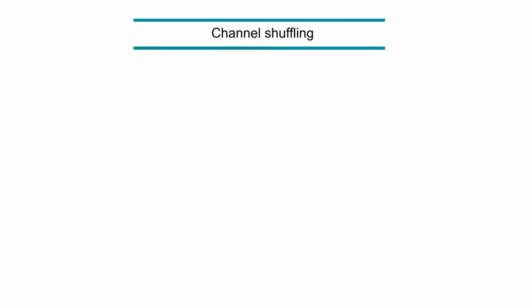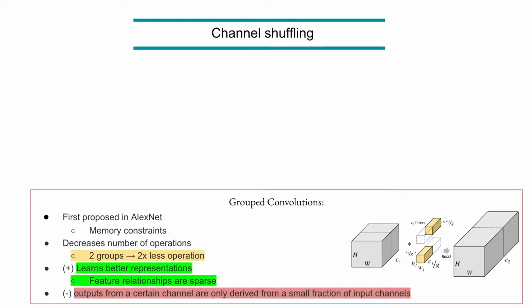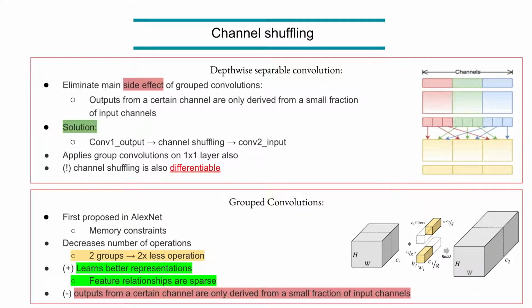So ShuffleNet is about addressing this problem. This is how the group convolutions work, and in ShuffleNet they propose to shuffle the channels, shuffle the grouped convolutions after each layer.